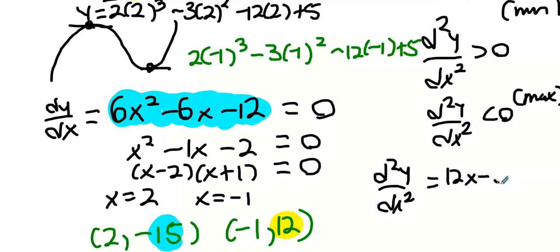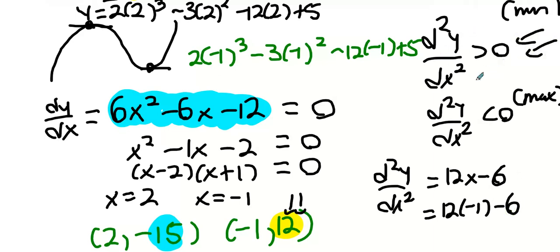Now, can anybody explain to me? Everybody agrees that the yellow one is the maximum? What are you expecting to happen when I replace x with minus 1 in there? What are you expecting to happen according to the notes? Has to be greater than 0, does it? Oh, sorry, it's the max.